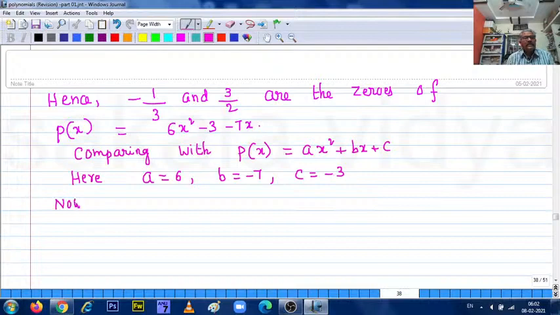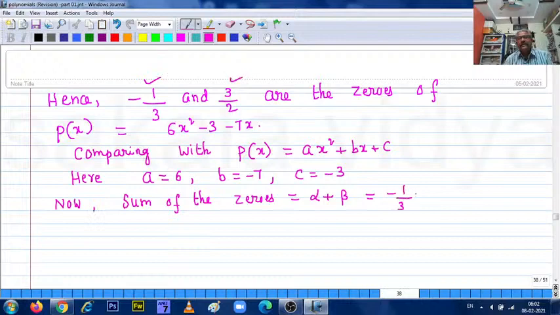Now my dear children, find the sum of the zeros. Sum of the zeros is generally we say alpha plus beta. This alpha, this is beta. Minus 1 by 3 plus 3 by 2, write down. Here LCM is 6. So now 3 times, minus 2, write down, plus 9. This is 7 by 6. Alpha plus beta is actually, here we have minus 7, b is equal to minus 7.